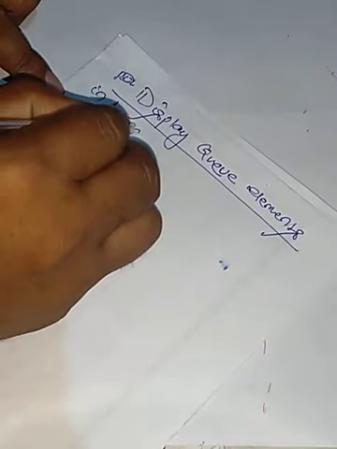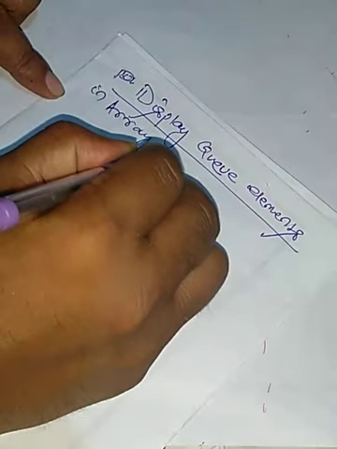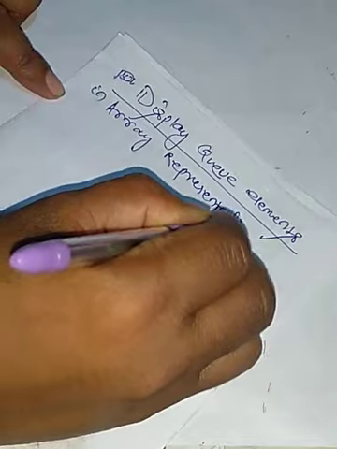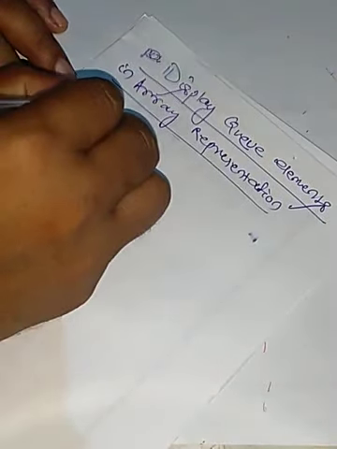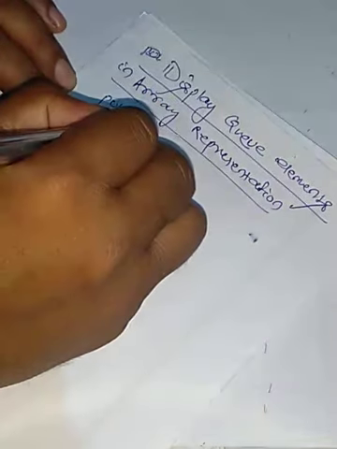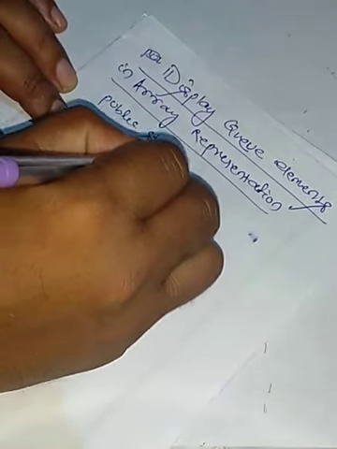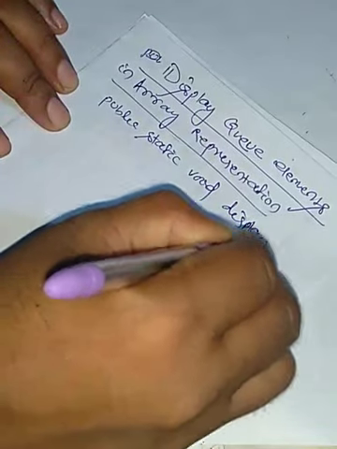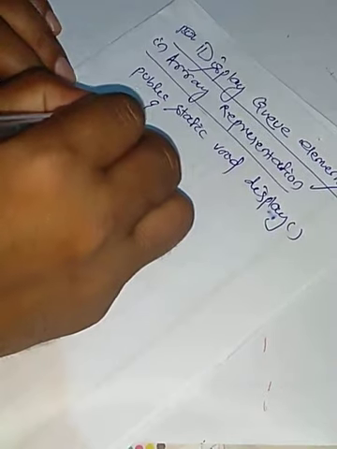Display queue elements in array representation. Okay, so go ahead. Public static void display. We'll check whether it is empty or not.